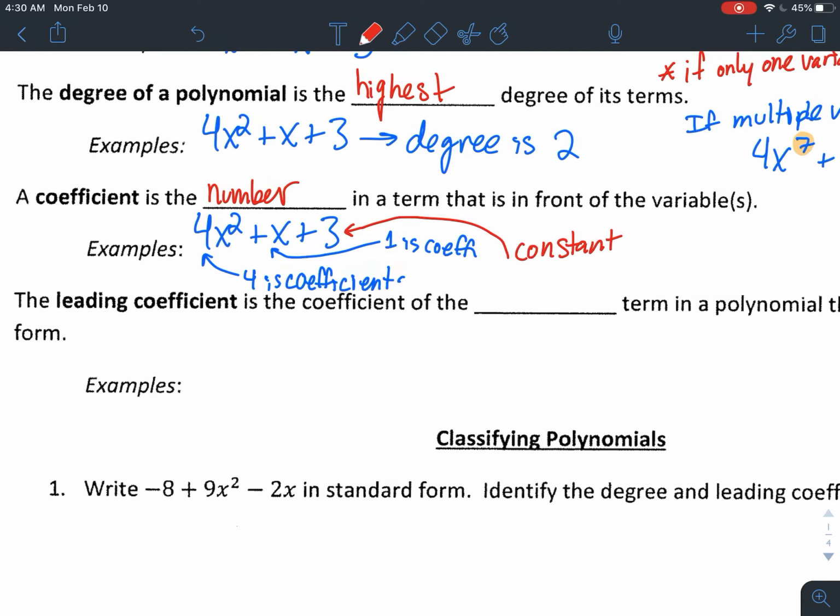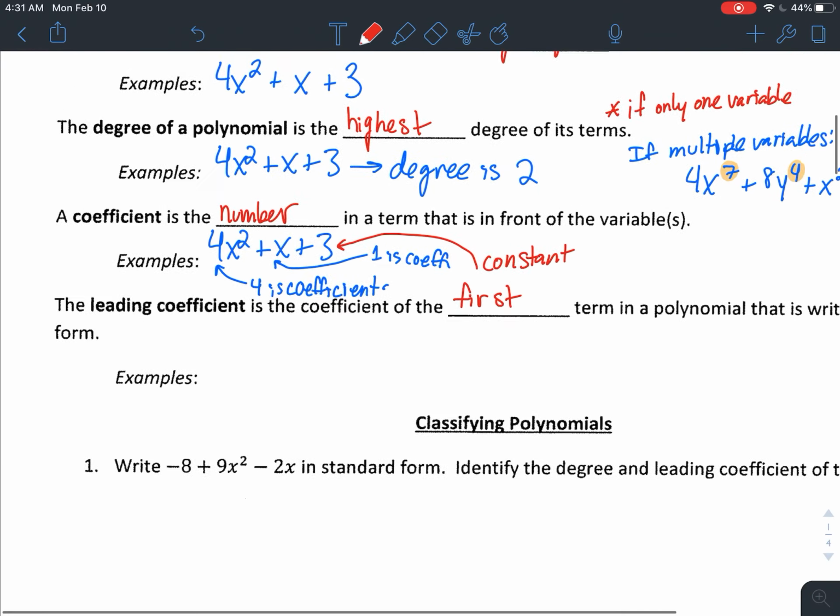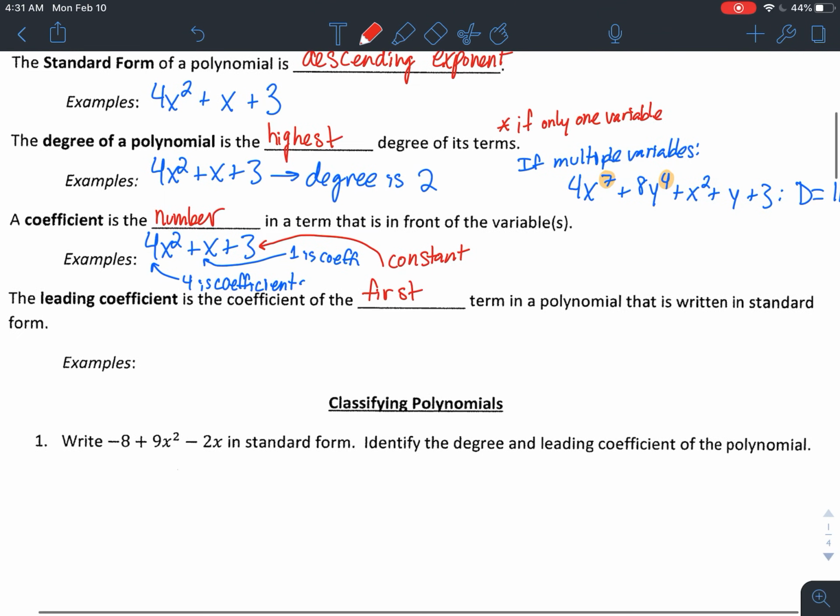So the leading coefficient is the coefficient of the first term when you have it in standard form. So once you put it in standard form, the leading coefficient would just be whatever that first number is.